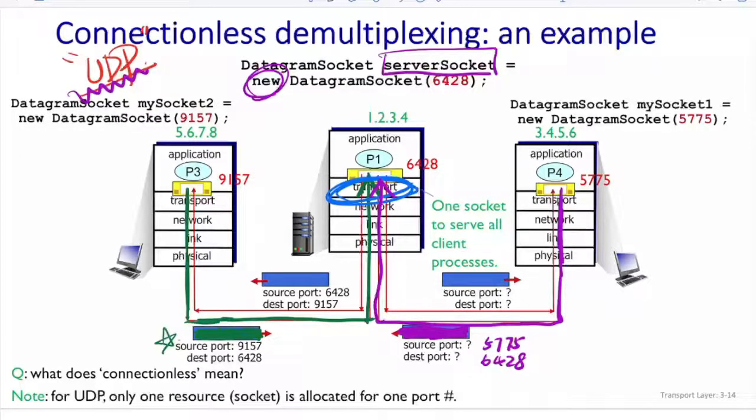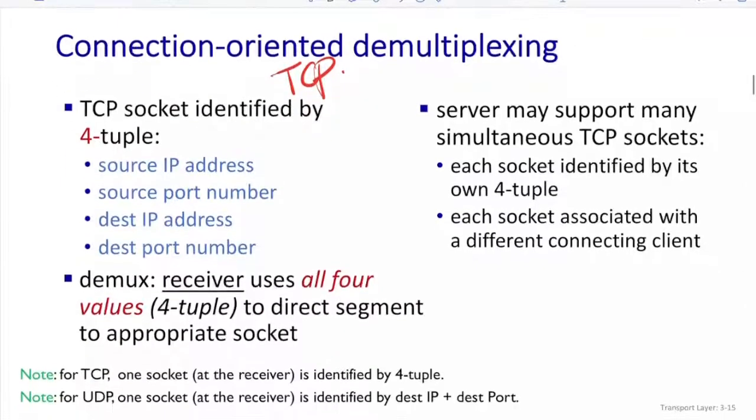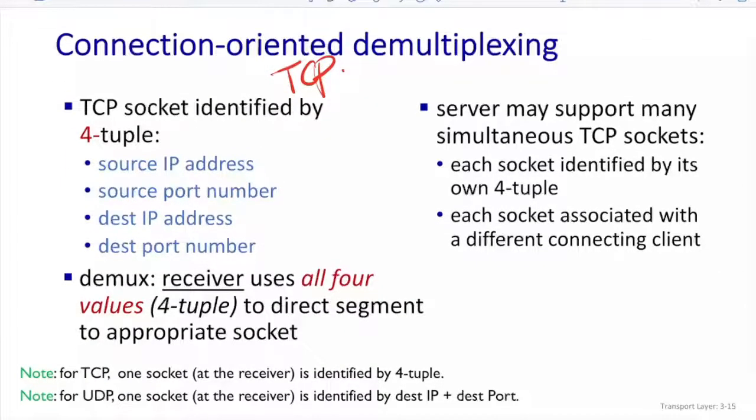Why do I say so? Because for TCP, the demultiplexing rule is totally different from UDP. Right here, the TCP socket is identified by 4 tuples: source IP, source port, destination IP, destination port. However, for UDP, the only thing you need to care about is the destination port and destination IP. But the destination IP is the same, right? So you only care about the destination port number for a UDP socket.